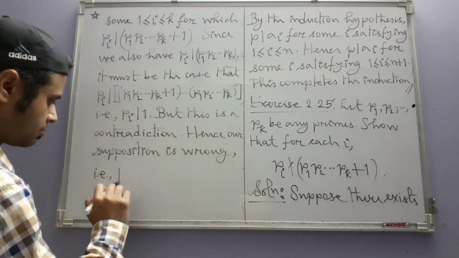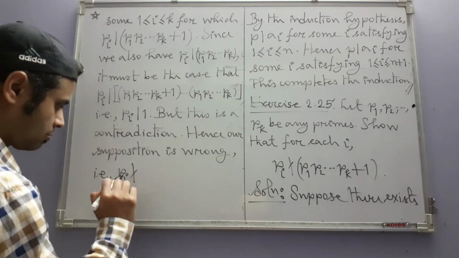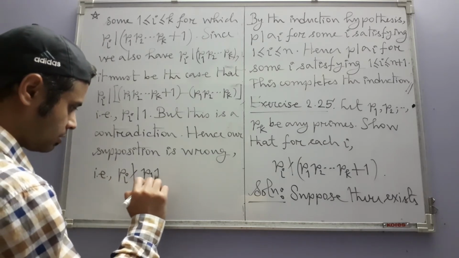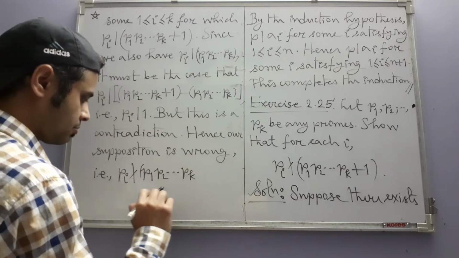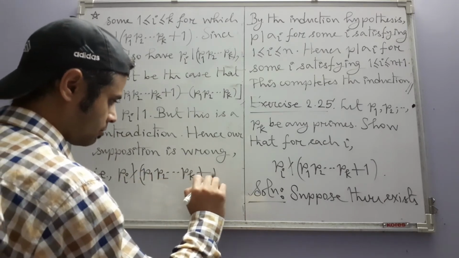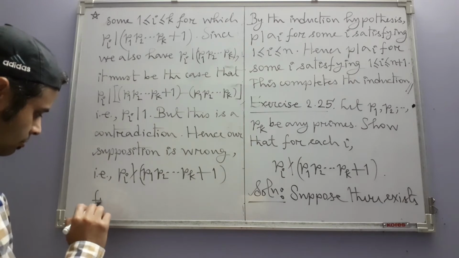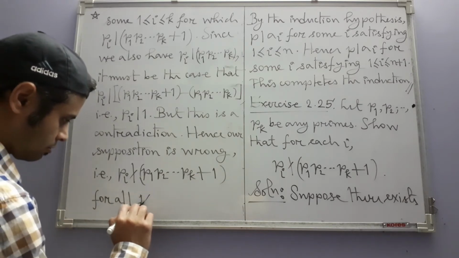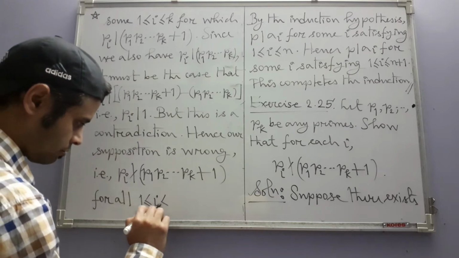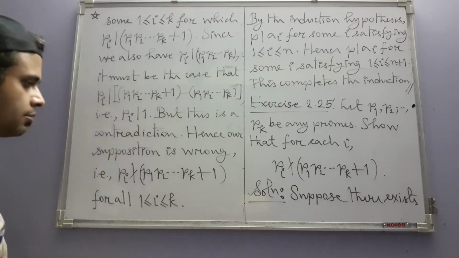That is, Pi does not divide this integer for all i in this range.